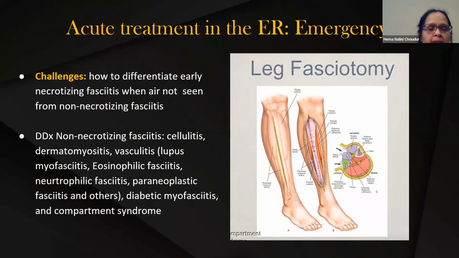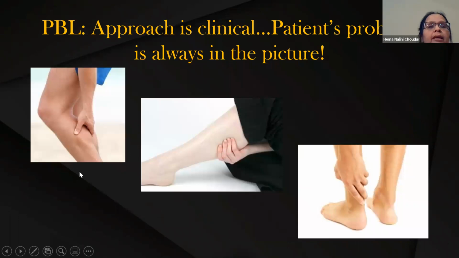And I have shown you the entire spectrum of eosinophilia, neutrophilia, paraneoplastic fasciitis. All of these you have to run through. We've talked about that. You have to ask for history of diabetes, but that can present as myofasciitis and, of course, compartment syndrome. And so the approach all through these entities has been clinical.